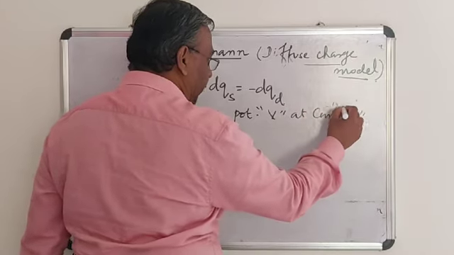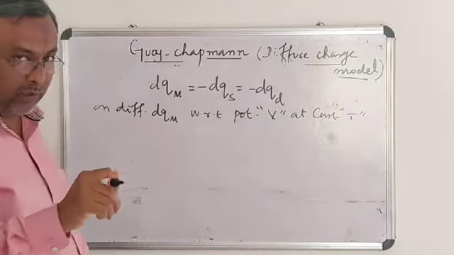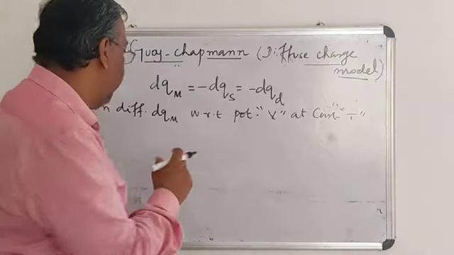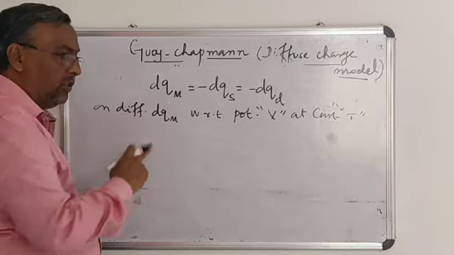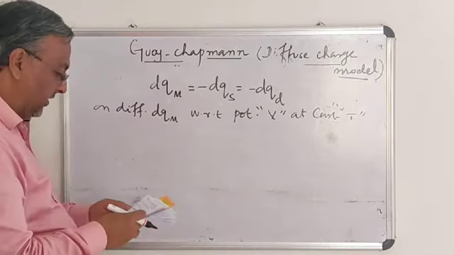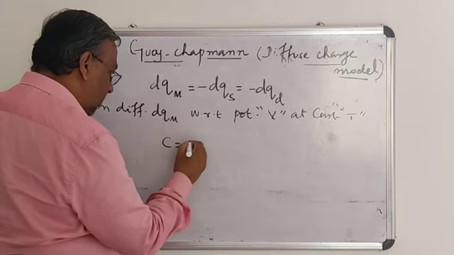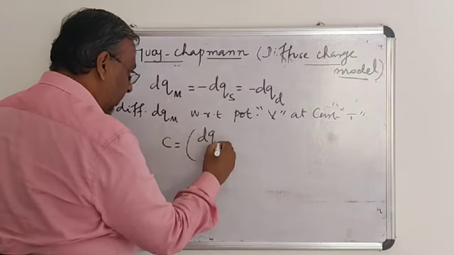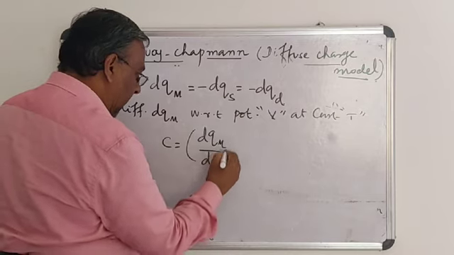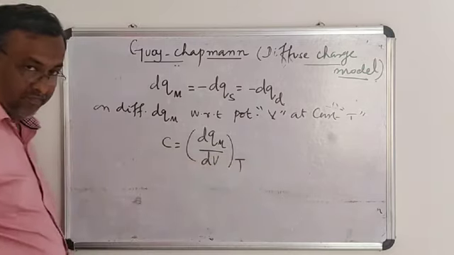That is, at constant temperature, by varying the potential difference between the diffused layer and the metal electrode, he is finding out the charge capacity, or the capacitance of a condenser. He gets C equal to dQm divided by dV at constant temperature.